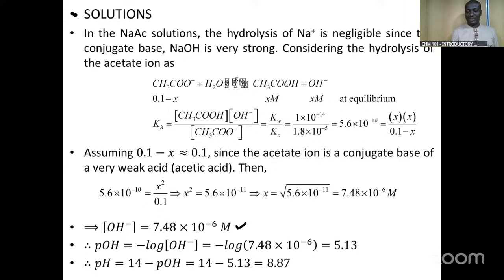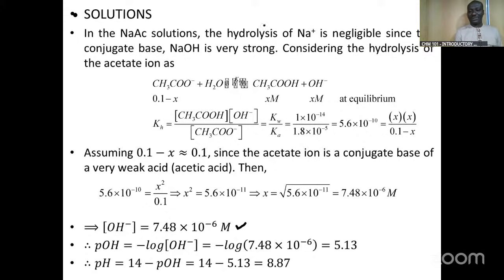The question asks us to calculate the percent hydrolysis. Of course, the percent hydrolysis will simply be equal to x, that's the amount of acetate ion that has hydrolyzed, divided by 0.1, which is the concentration of acetate ion in solution.